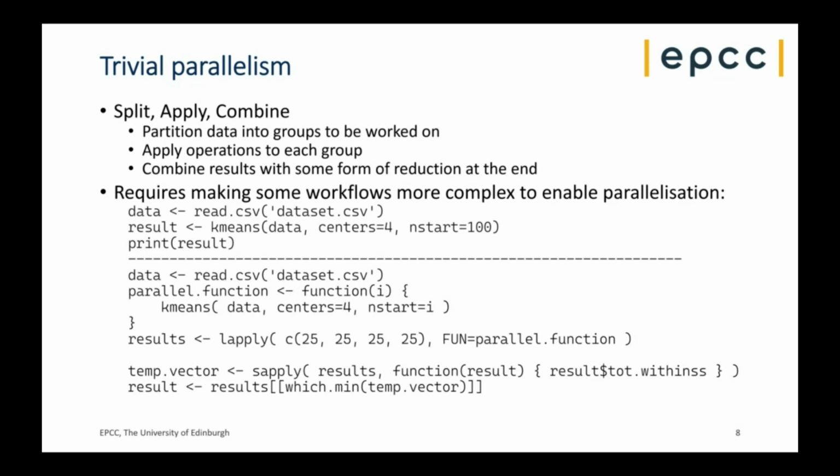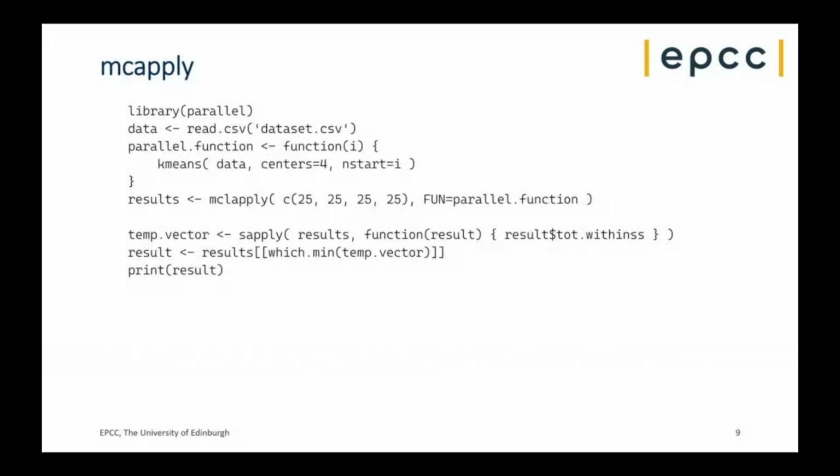So once we've done that work, it's then possible to use some functions from the inbuilt parallel library from R to make sure that it actually runs in parallel. And that's pretty simple. We can use mclapply, which is called that because it's multi-core apply.